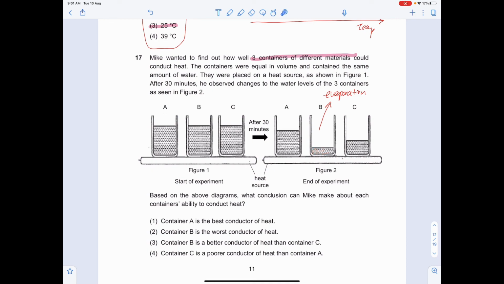So this tells me that it has undergone the highest rate of evaporation due to the largest amount of heat gain. Okay? And A would be the worst. So in this case, the answer would be number 3.